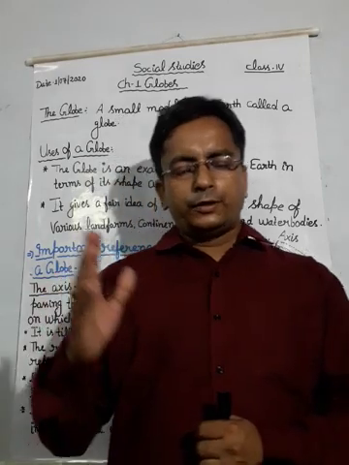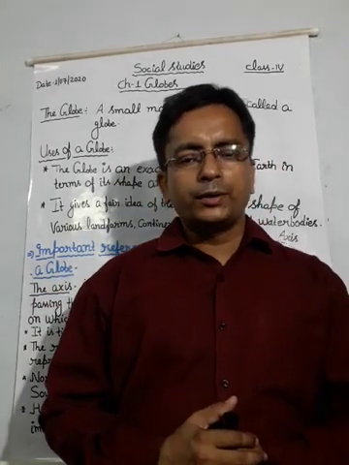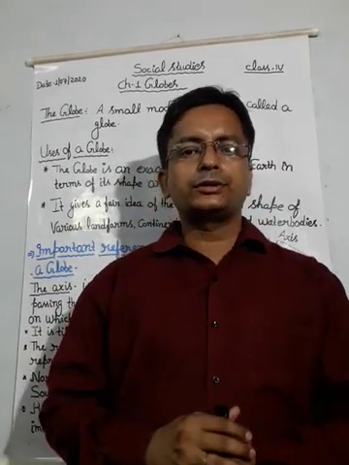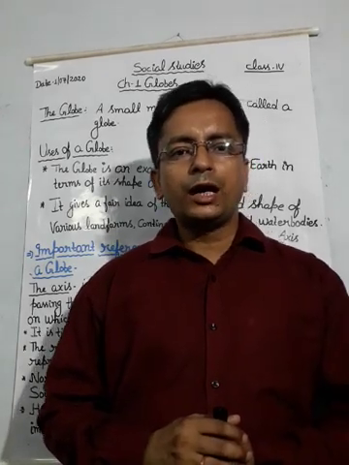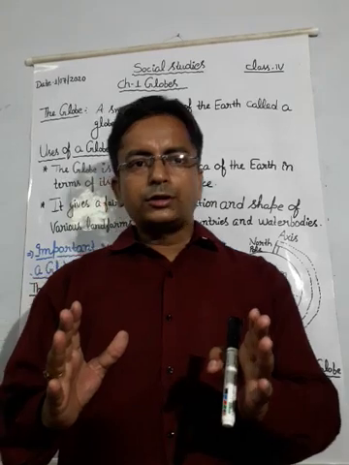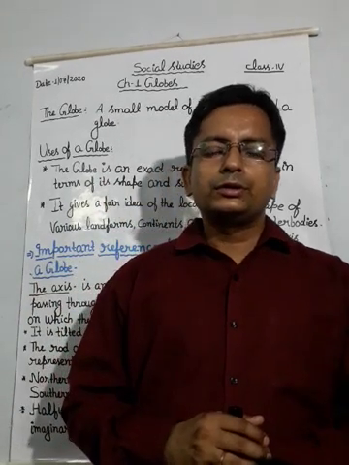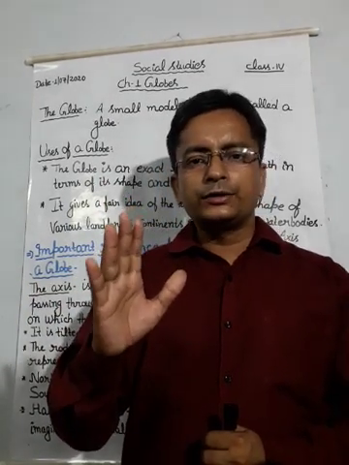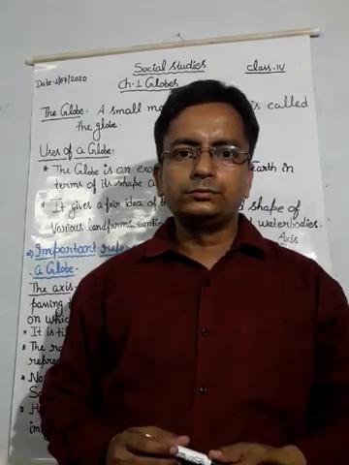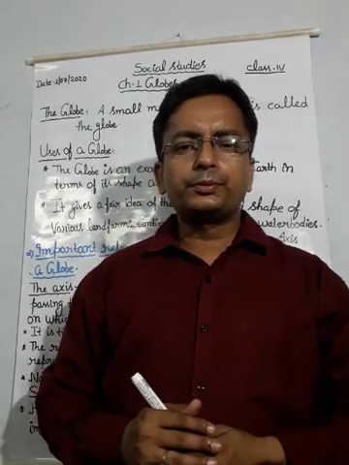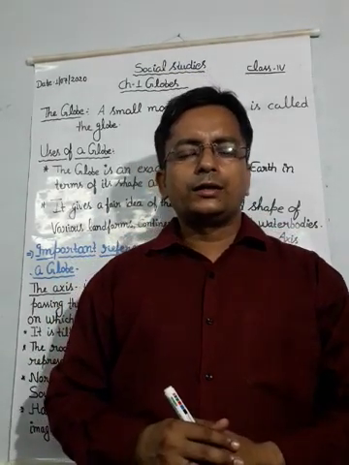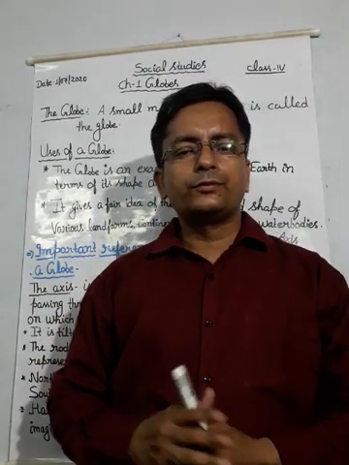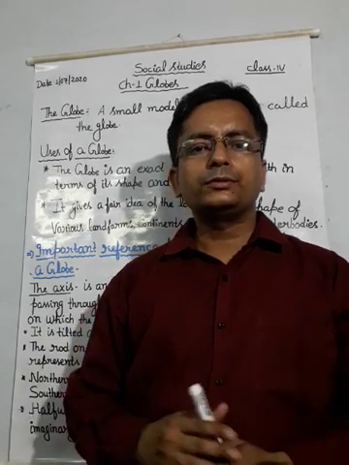We have 8 planets in our solar system, but earth is the planet on which we are living, and earth is the only planet where life is possible. Earth is round in shape, and it is a planet where we get air and water.